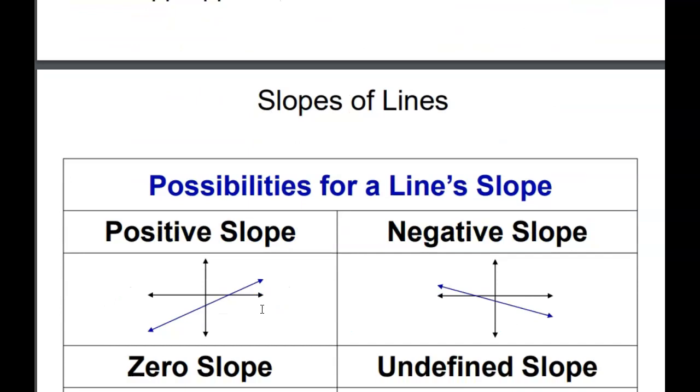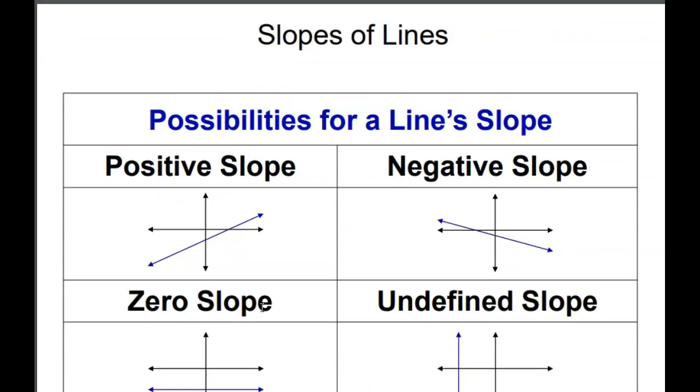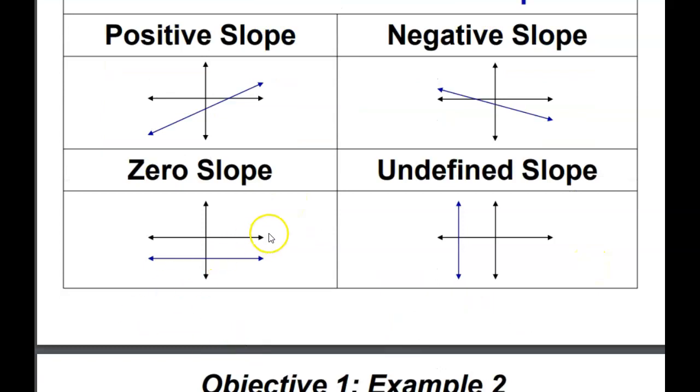All right, so here are the possibilities for slopes of lines. Again, we talked about this one goes uphill. This is a positive slope. This is downhill. It's a negative slope. This slope of 0, a horizontal line, happens when the y is the same in both points.